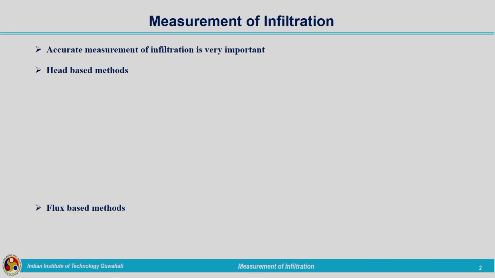Under the head-based approach, a certain head is applied on the surface of the ground. If it is a field experiment to measure infiltration, a particular depth of water is provided on the ground surface. That may be due to rainfall or agricultural activities, or artificially created for the measurement of infiltration.